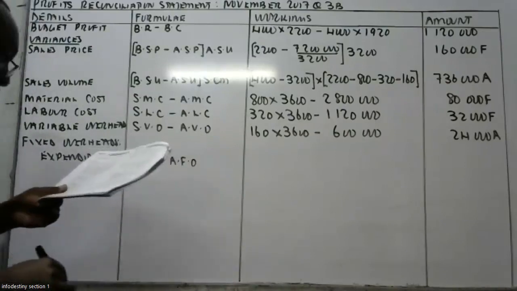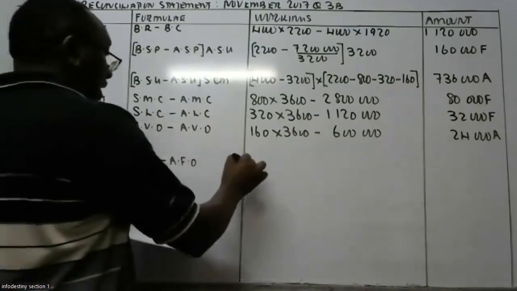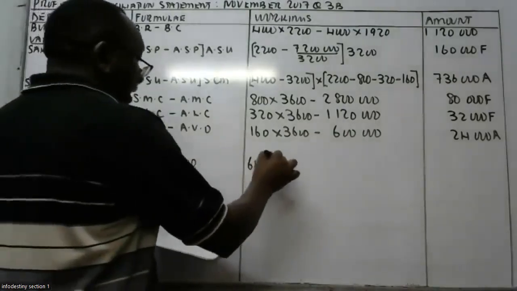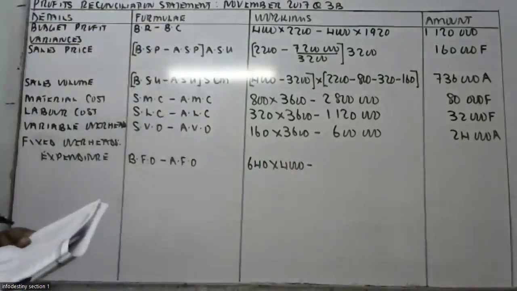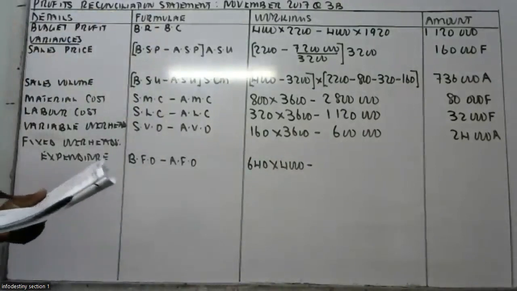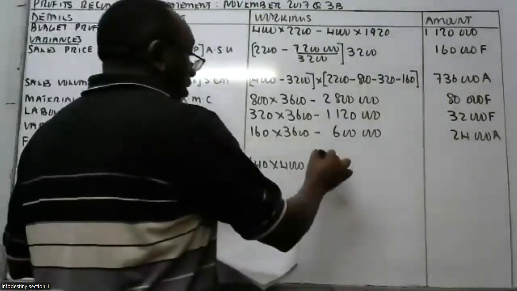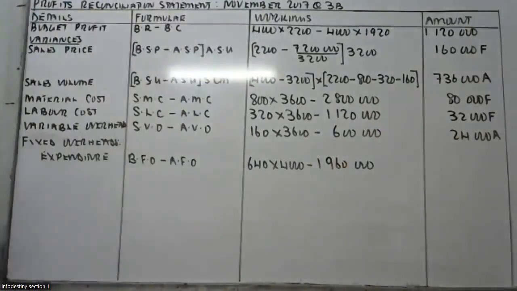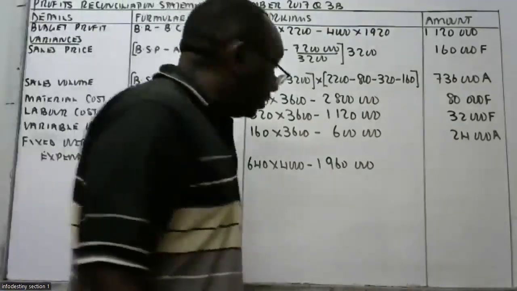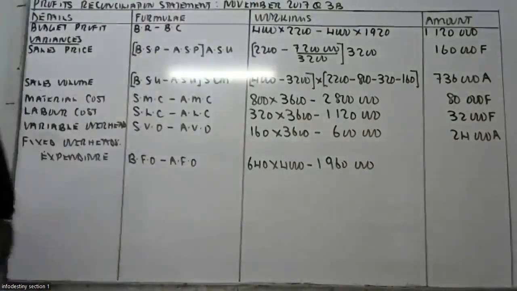So the budget should be 640 times the budget units of 4,000, as you can see up there. And the actual is 1,960,000. So that is giving me 600,000. Have I done the right thing?